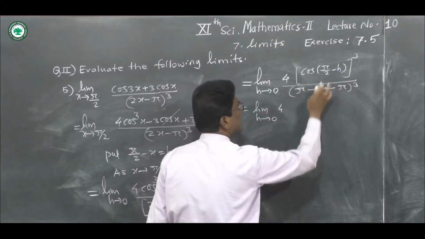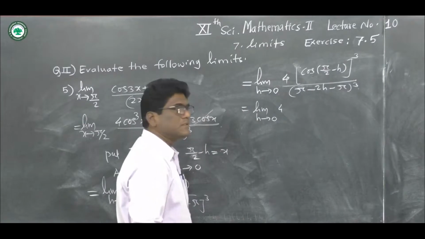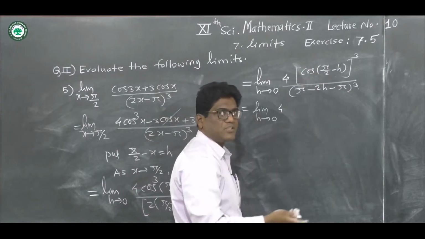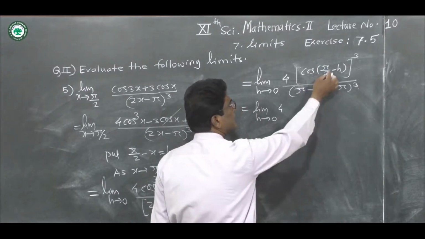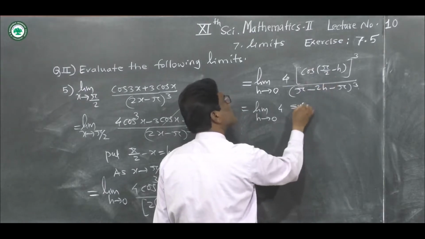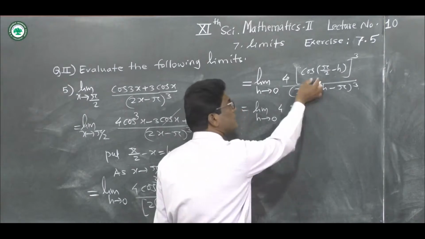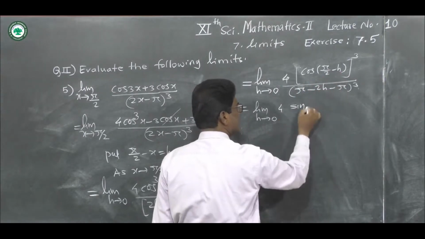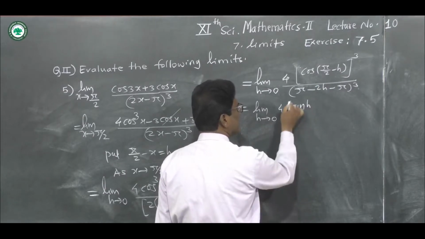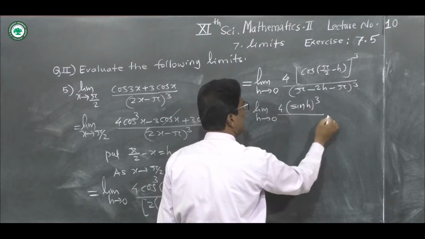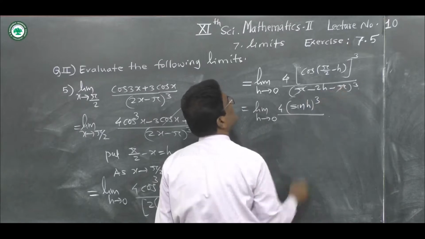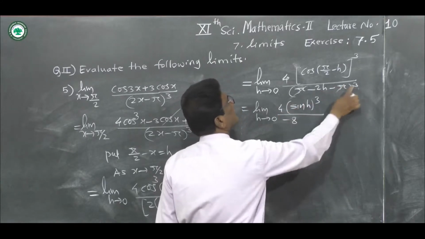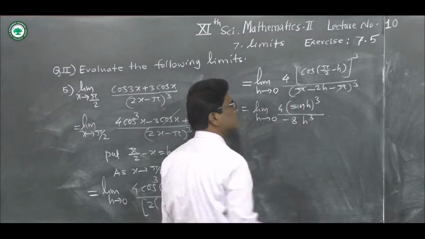So the limit as h tends to 0, 4 as it is. Now cos of 90 minus theta: pi by 2 is on the y-axis, so cos changes to sine, and sine in the first quadrant is positive. The angle is h, so sine h to the power 3, divided by, pi and pi cancel, minus 2 to the power 3, which is minus 8, and h to the power 3.